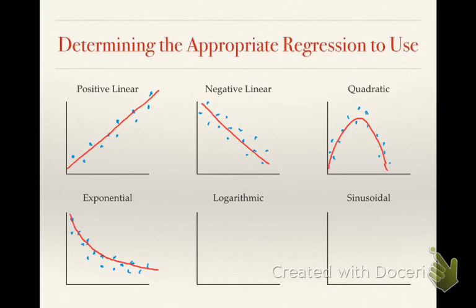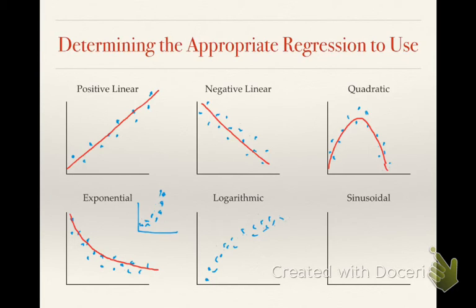Now you could essentially have an exponential growth by having something that looks like this. Depending on the data and how it looks, it may look like an exponential growth or decay.